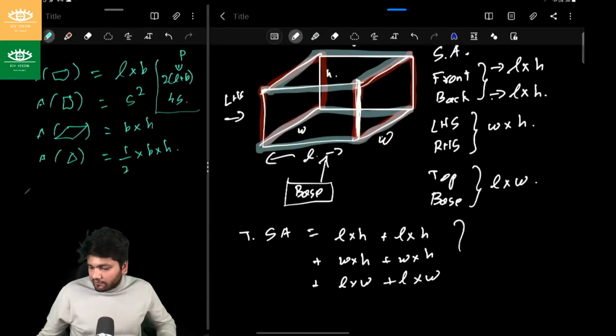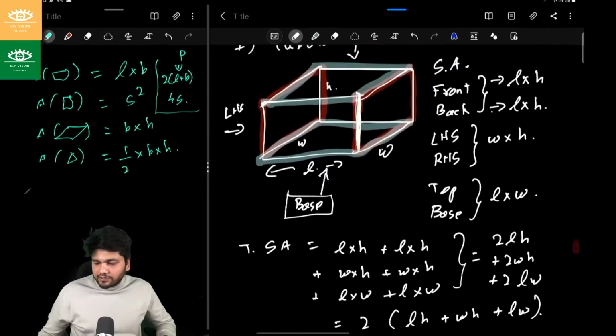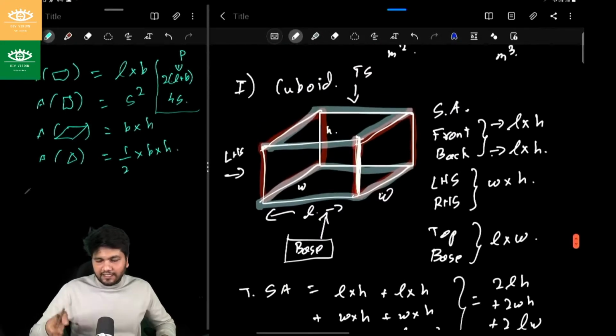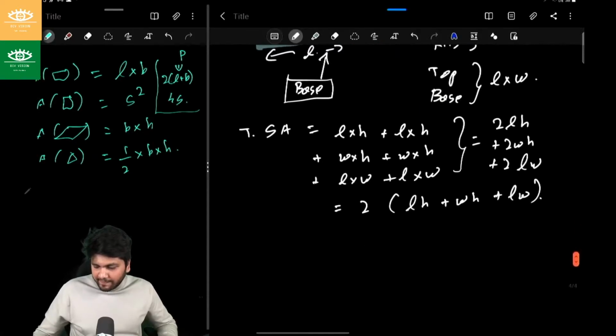If you combine all these, it's going to be 2LH plus 2WH plus 2LW, which if we take out common 2, we get 2(LH + WH + LW). In short, you just have to multiply L with W, W with H, H with L, then add them, and then multiply by 2. That's going to be the surface area of a cuboid.